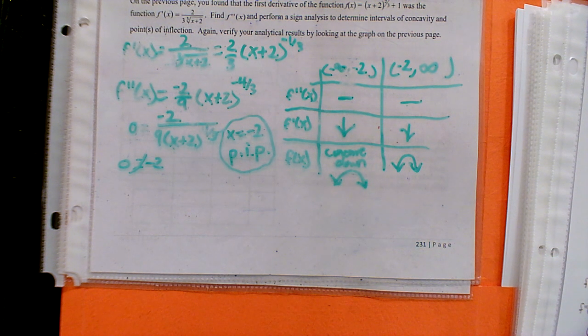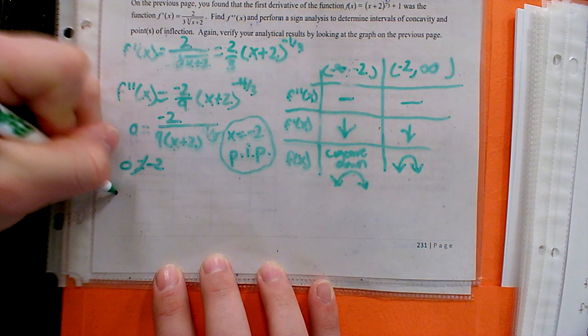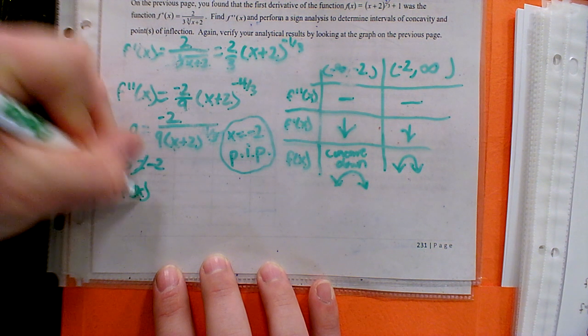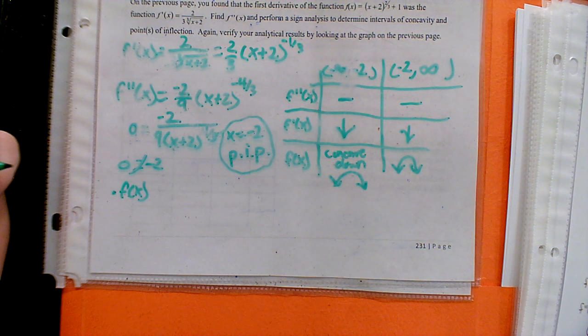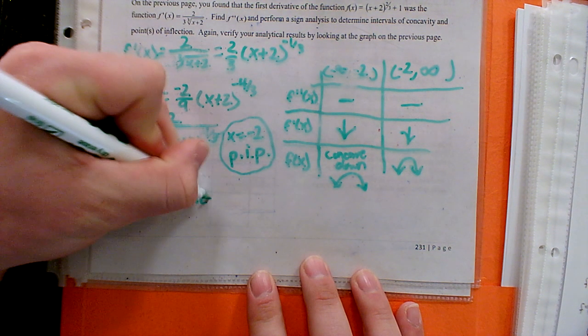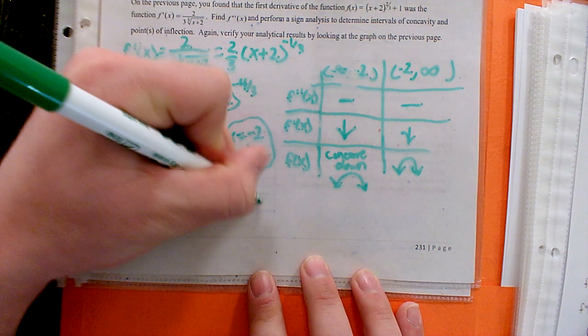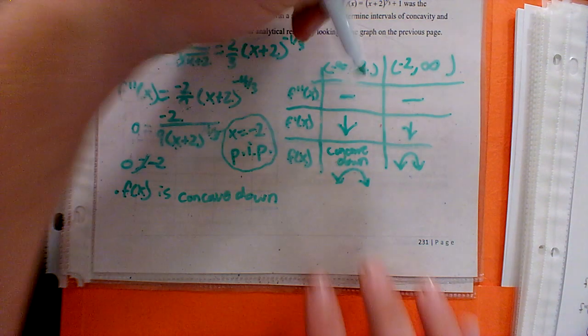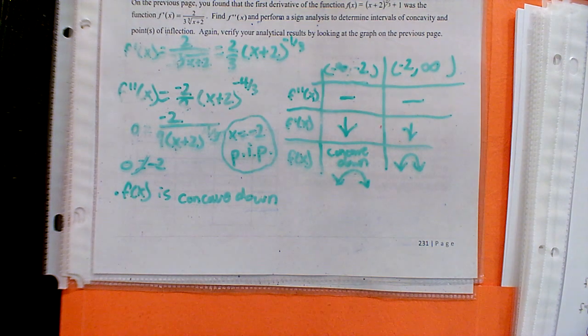So let's actually figure out what we know now and what this analysis has actually told us. So, f of x is concave down on just one of the intervals or on both? On both of them.